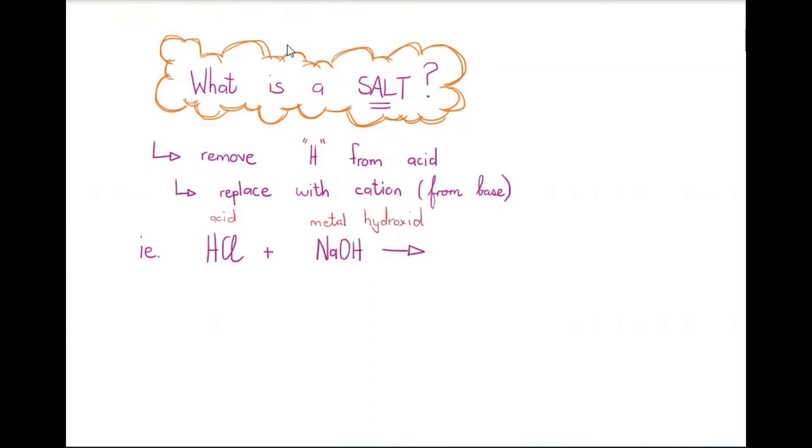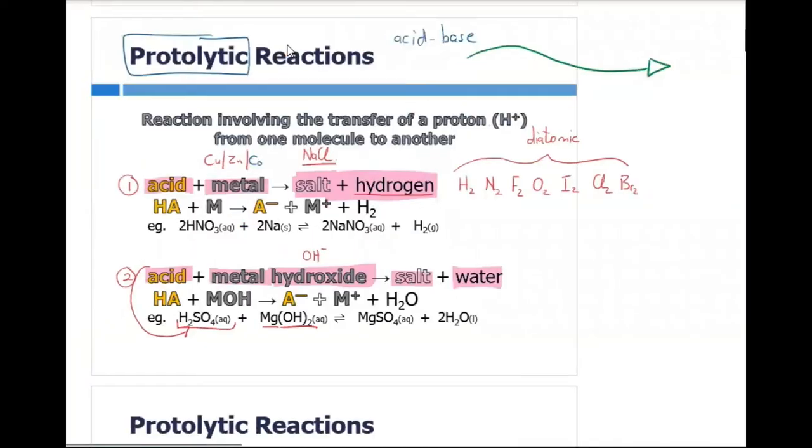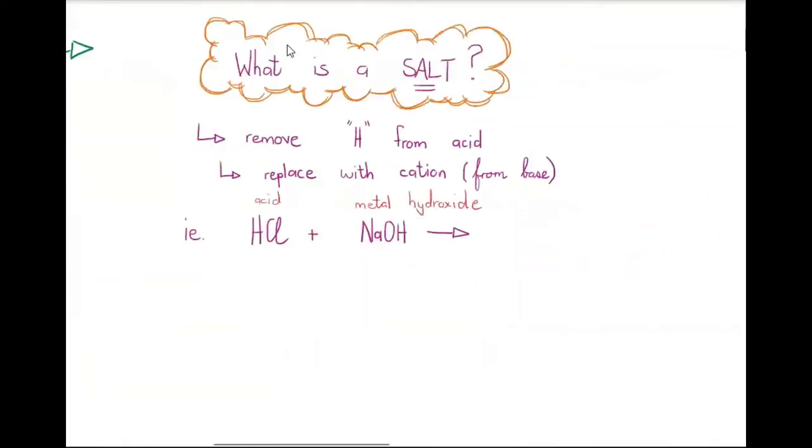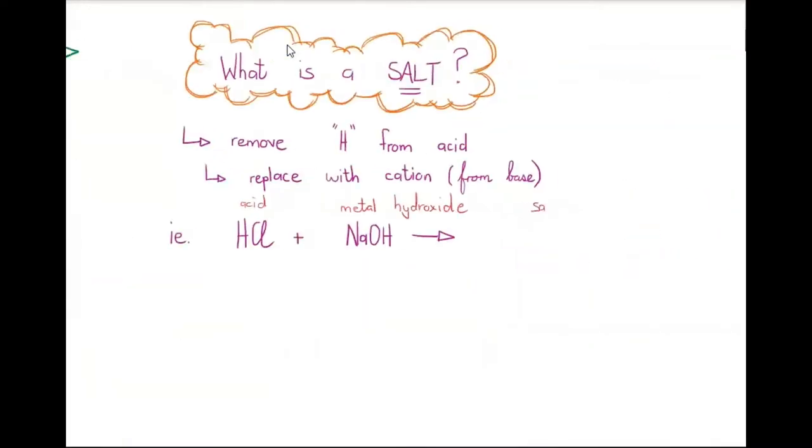I know them off by heart, but just to show you, acid and metal hydroxide. Okay, I know now it must give me a salt and water, but please know it off by heart. We can't in an exam sit and struggle and not remember. So salt and water. And how do we form a salt? You remove the hydrogen from your acid.